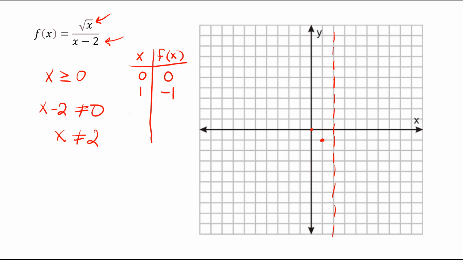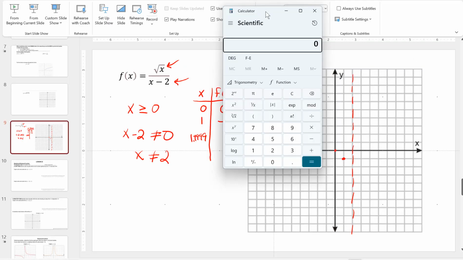So if we put in something like 1.9999 for x, and you punch that into your calculator, we're going to take the square root of 1.9999, and then divide that by 1.9999 minus 2.